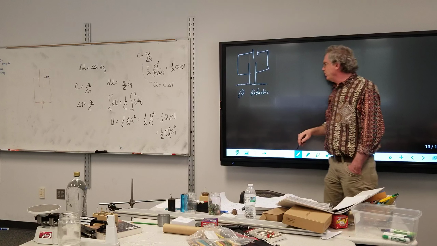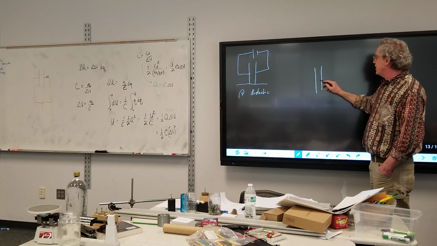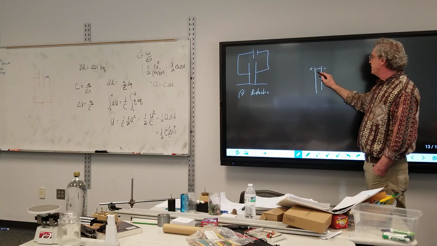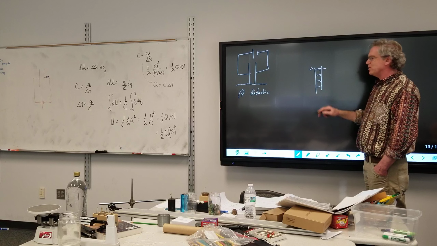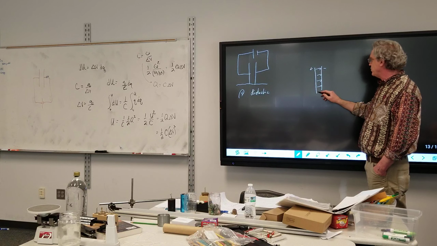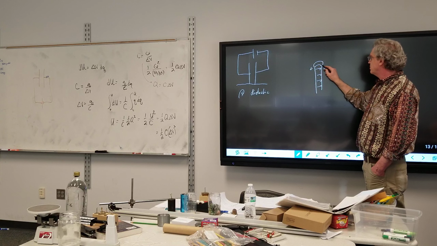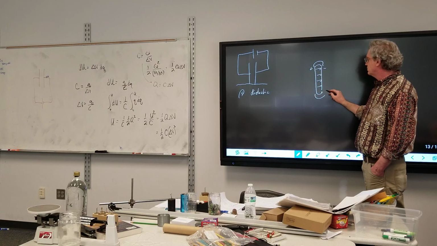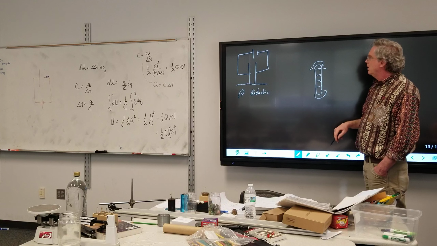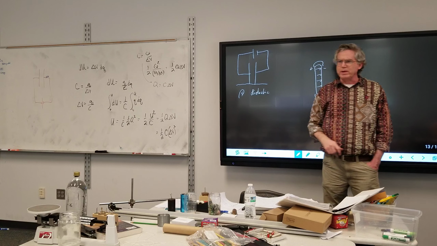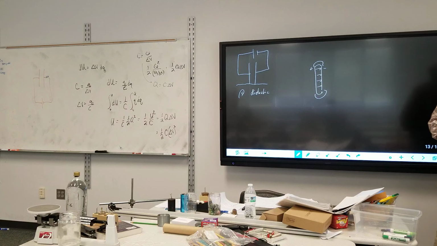If we look at an actual parallel plate capacitor, with a positive and negative side, my electric field is going like this, and it is pretty well even across, but as you get near the edges, it starts to curve. So the liquid is going to be influenced by this electric field.